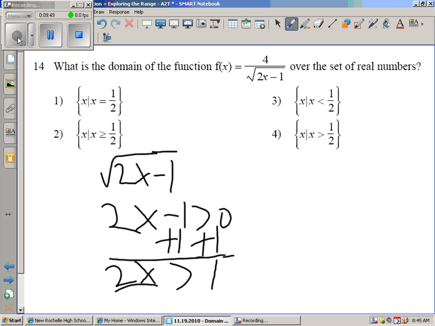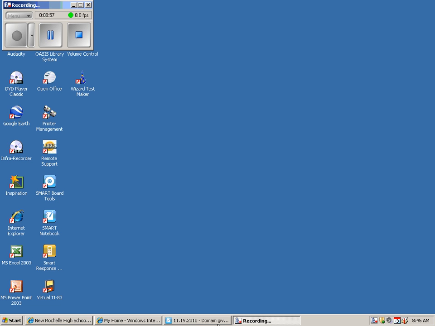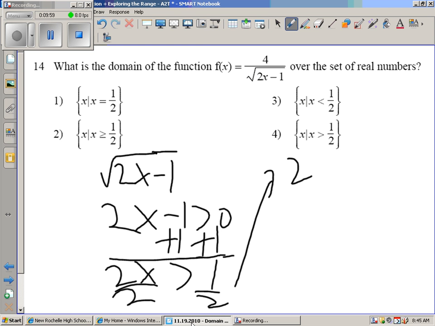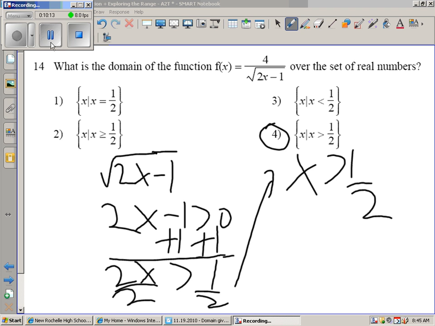And then you divide by 2 on both sides. So you have x is greater than a half. And so you know your answer is 4. Very nice.